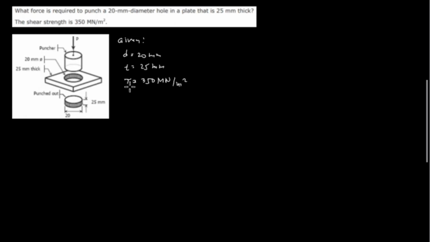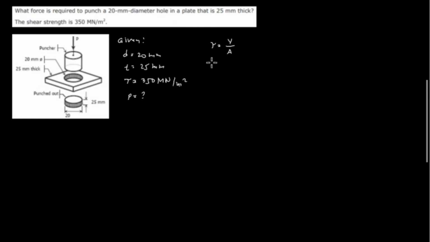And we're going to find the value P by using the formula for the shearing stress, tau is equal to V over A.